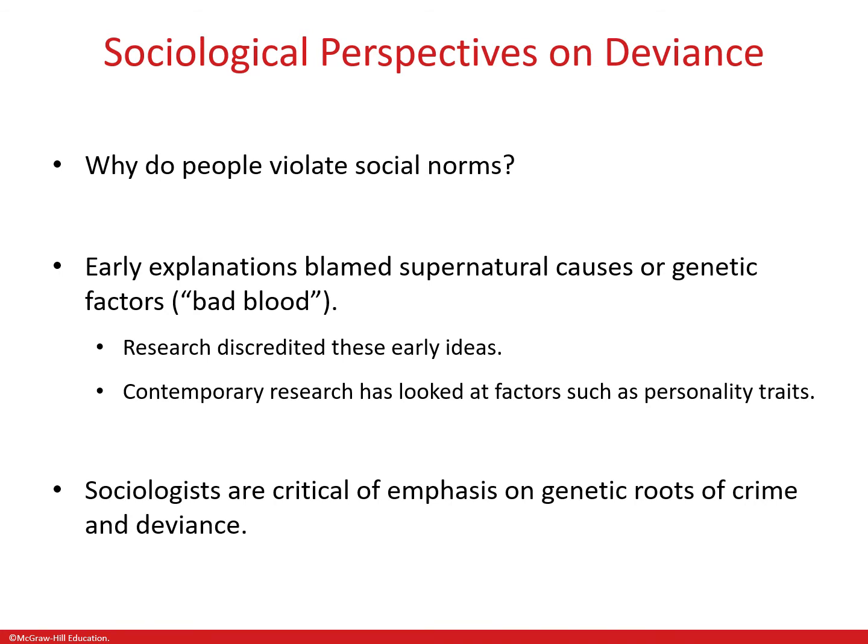In trying to explain why deviance occurs, early explanations focused on supernatural causes, or on genetic factors and biology, that somebody might have had bad blood and that's why they were deviant, something inborn. Much of this research examined biological factors to explain criminal acts and deviance.